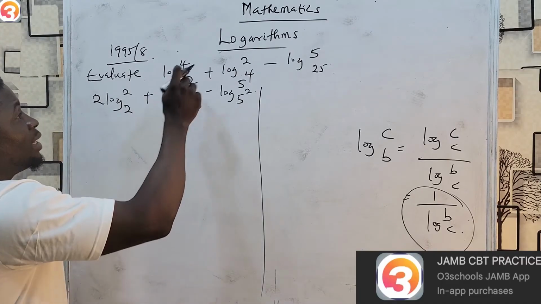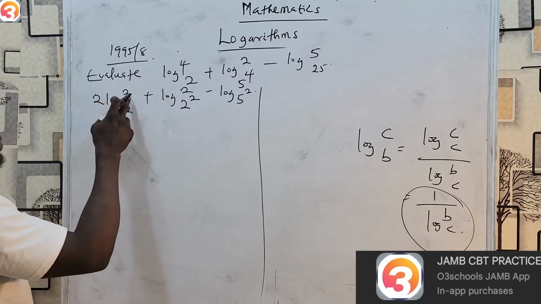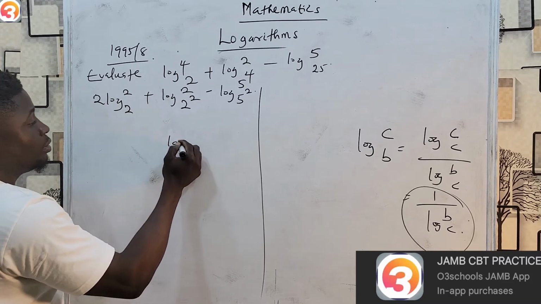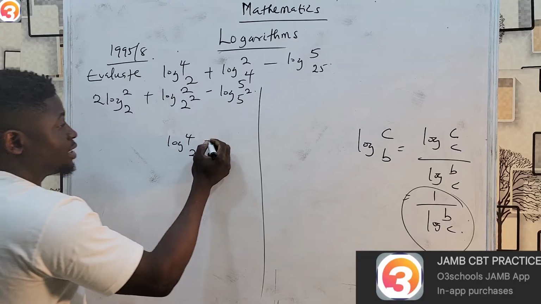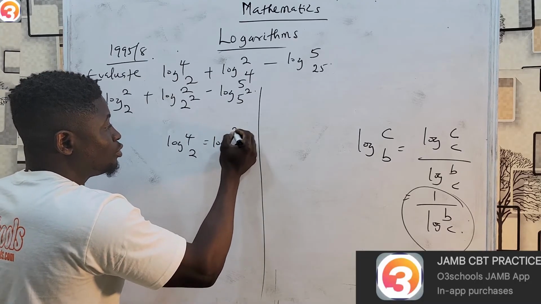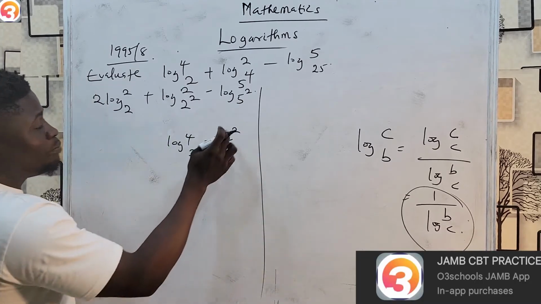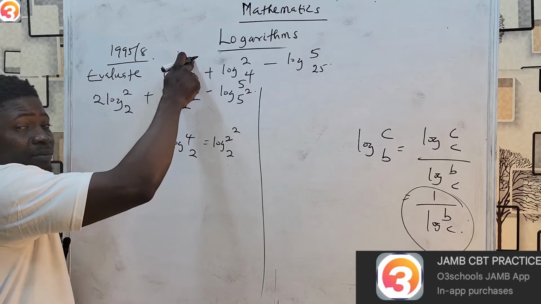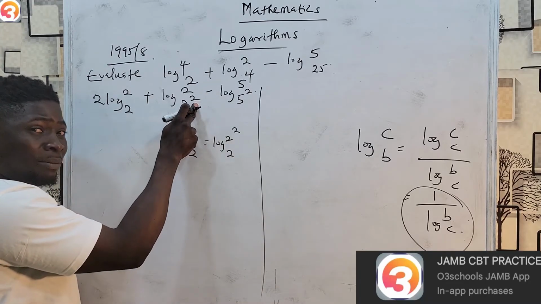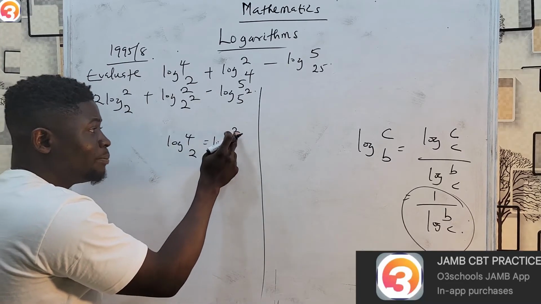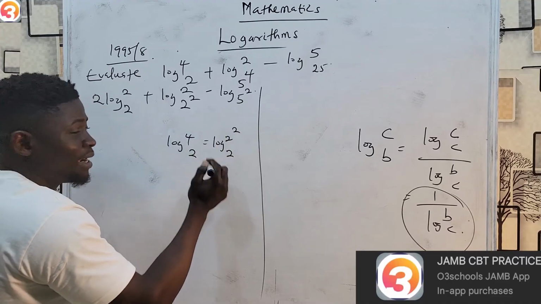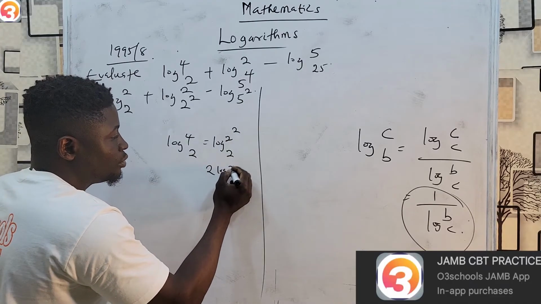So remember, here for example, we have log 4 base 2, which is set out as log 2 raised to power 2 base 2, right? The power is on top of the number here. But in this place, the power is on the base. So if the power is on top of the number, we bring it back down to 2 log 2 base 2.